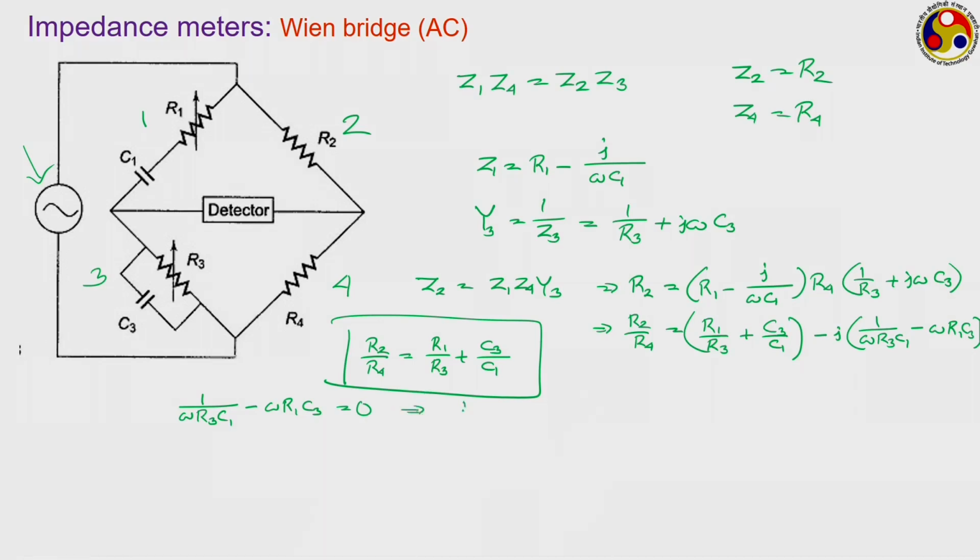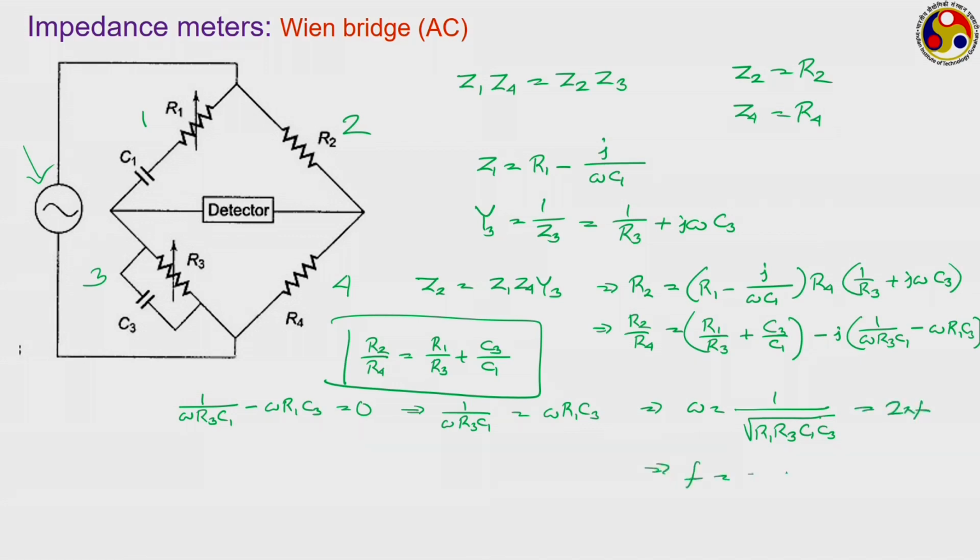So, 1 upon omega R3 C1 is equal to omega R1 C3, that is omega is equal to 1 upon root over R1 R3 C1 C3. And sometimes we would like to represent omega in terms of frequency, that is equal to 2 pi f.